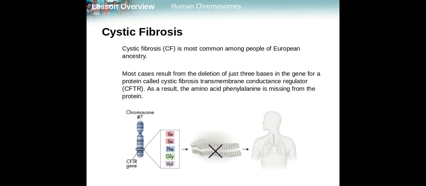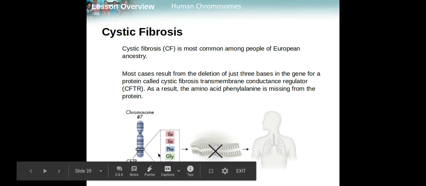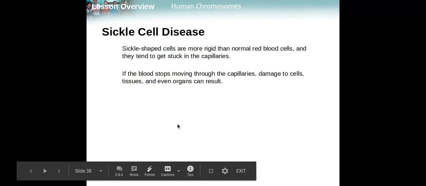Cystic fibrosis is another one. Most cases result from the deletion of just 3 bases in the gene for a protein called cystic fibrosis transmembrane conductance regulator, CFTR. As a result, the amino acid phenylalanine is missing from the protein. So you end up with this problem down here on this chromosome, and one of the amino acids is missing.